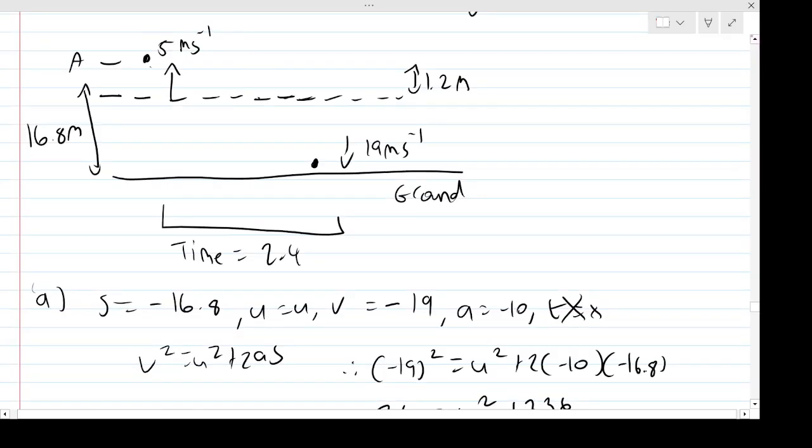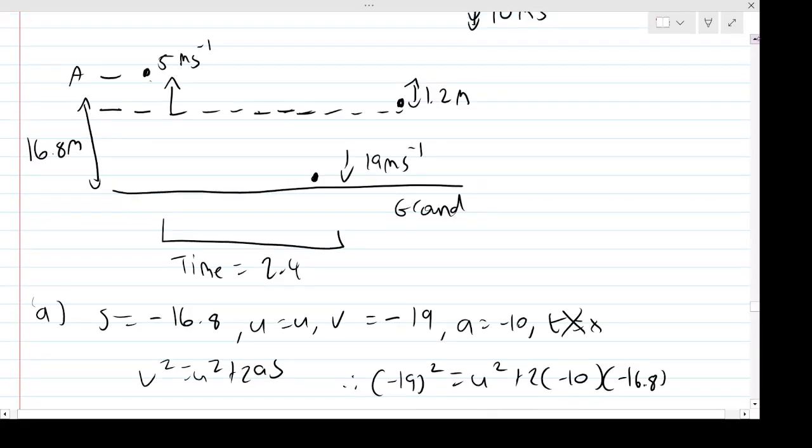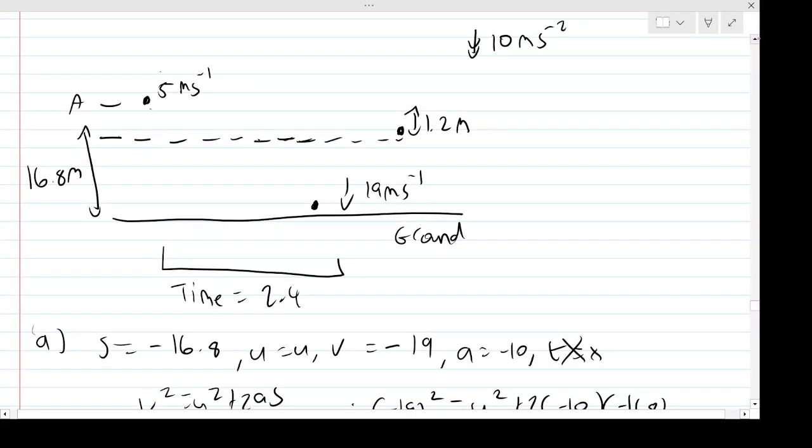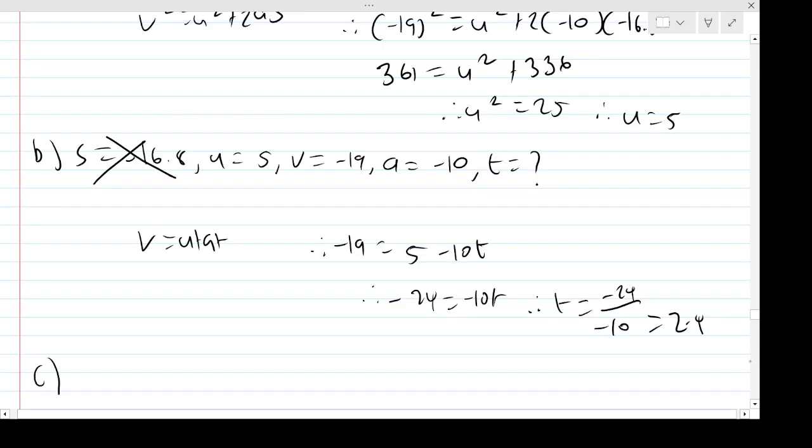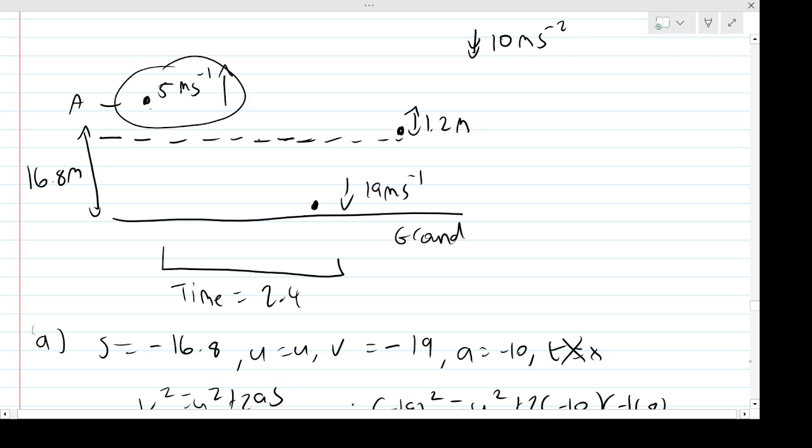To now this point, not where it hits the ground, but the point just 1.2 meters below A. If we use SUVAT to work this out for part C, we start at point A and end at a point 1.2 meters below A. We've gone down by 1.2 meters, so the overall displacement S is negative 1.2.